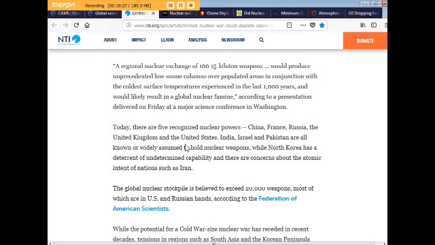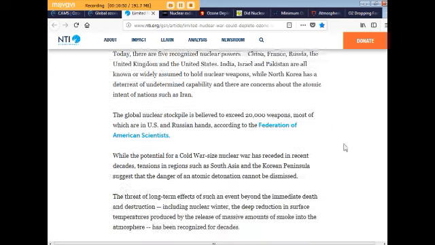Today there are 5 recognized nuclear powers: China, France, Russia, the United Kingdom, and the United States. India, Israel, and Pakistan are all known or widely assumed to hold nuclear weapons, while North Korea has a deterrent of undetermined capability, and there are concerns about the atomic intent of nations such as Iran.